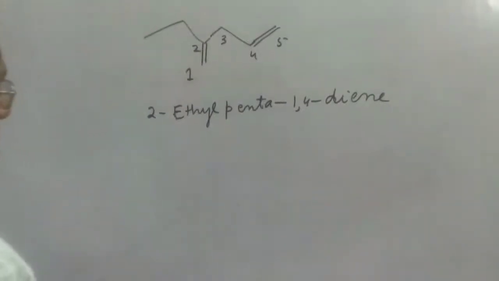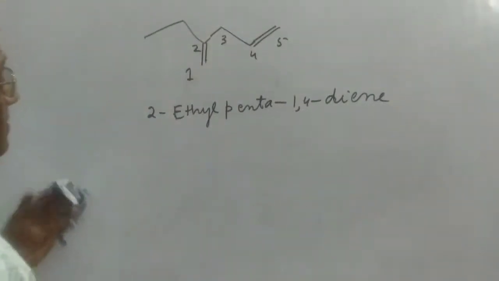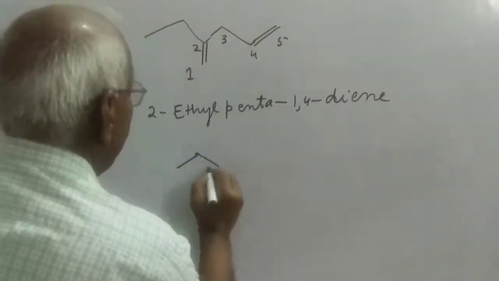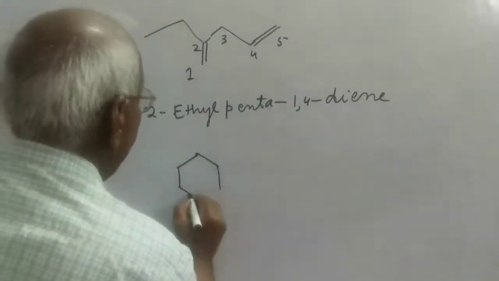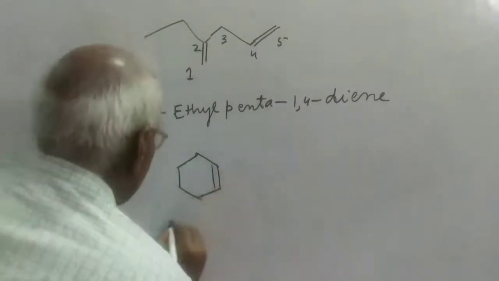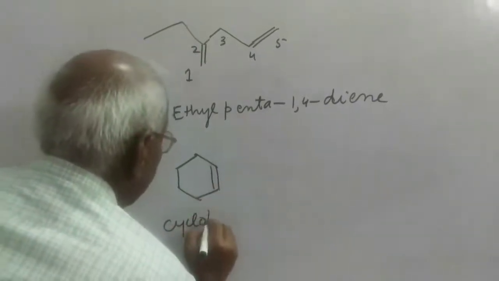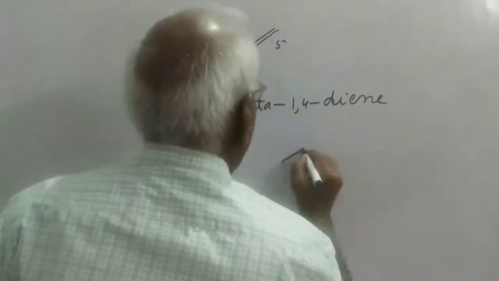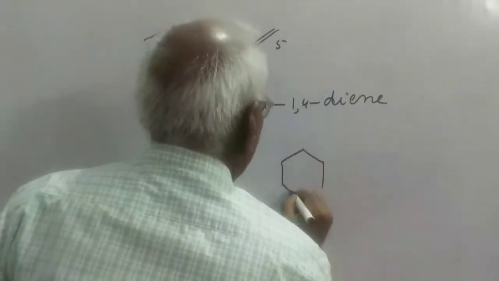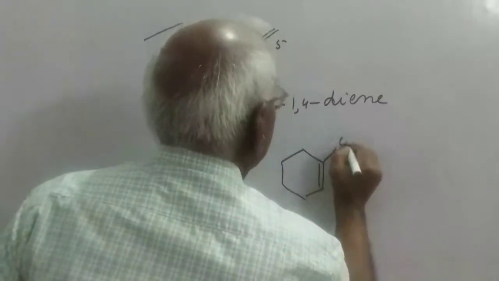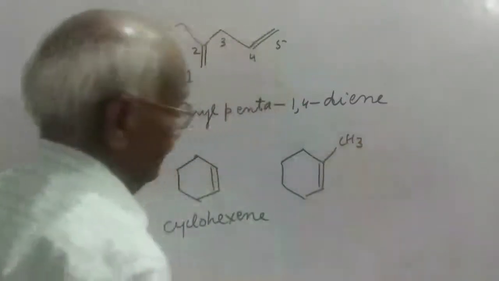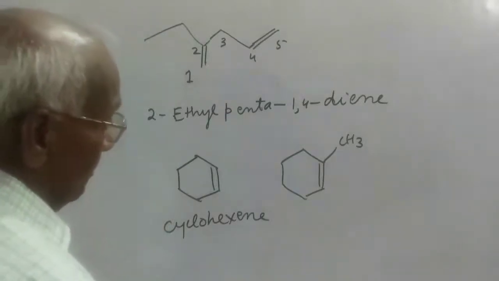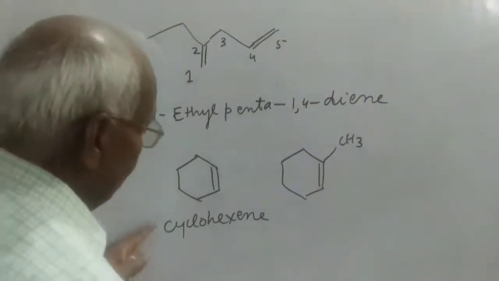Now the cyclic examples. Suppose this is cyclohexene. This is a methyl substituent. The problem is to number the carbon atoms of the cyclohexane ring.